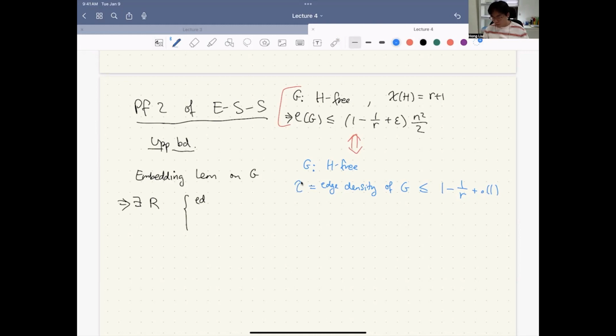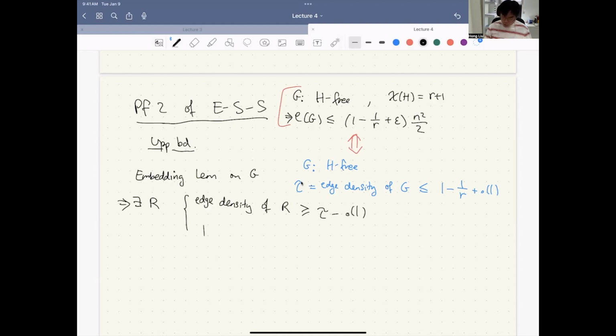Okay. So the edge density of R is at least tau minus little o1. We don't lose edge density that much.